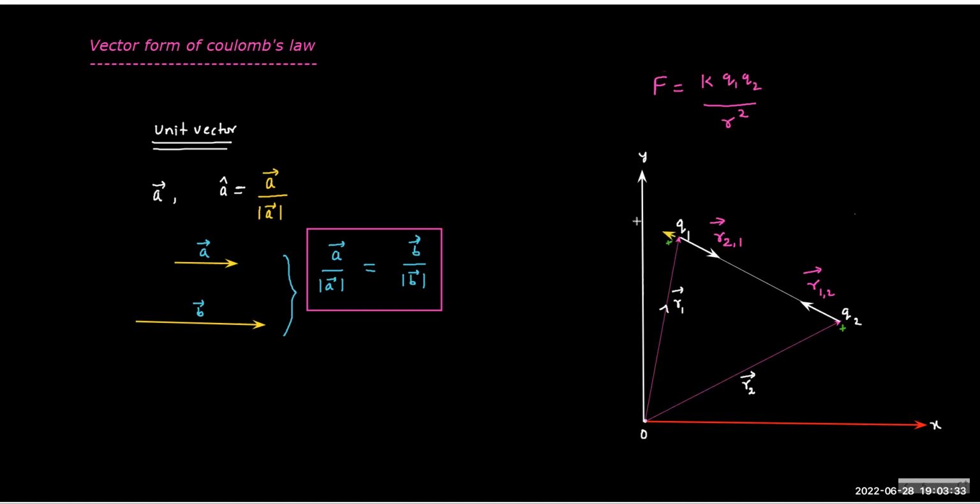Repel. So what will be the direction of force on Q1, this way or this way? Up. So Q1 will be pushed upward and the force on Q2 will be backwards, down. That's logical.